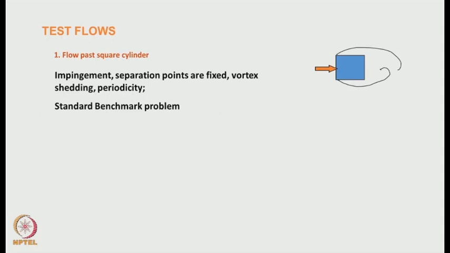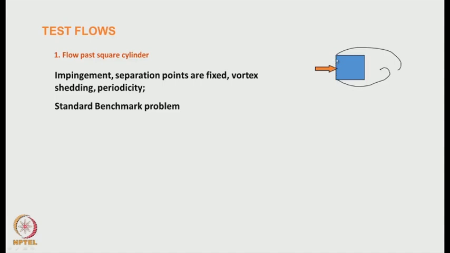I am just trying to explain with the help of two example problems. What is shown here is a flow past a square cylinder. The shaded portion, what you see here, is a square cylinder, flow is coming from left and it impinges on this surface.